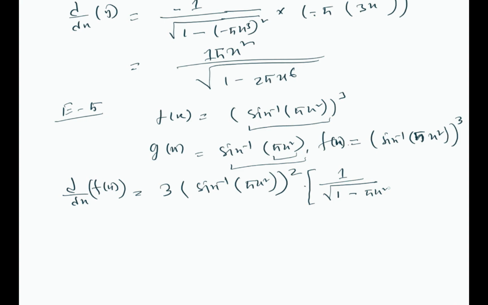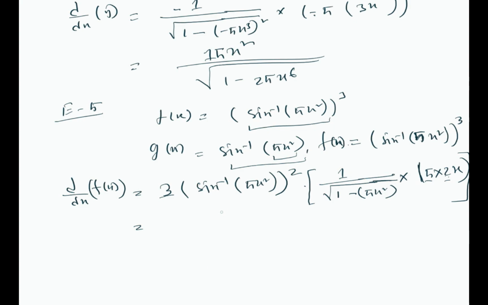Here we have 5x squared. Okay, and then we need to differentiate the inner function, which is 5x squared. The answer would be 5 times 2x to the power, this is the power of x, 2 minus 1 is 1. Okay, so we can simplify it. We can write 3 times 5 times 2, how much?